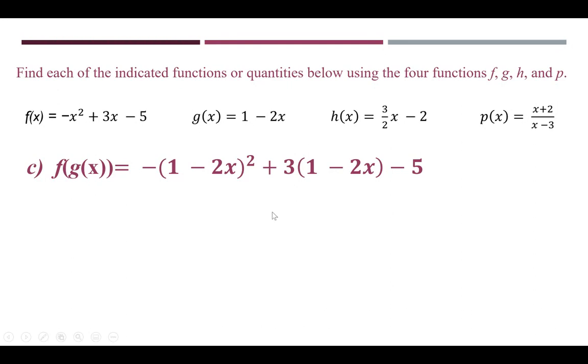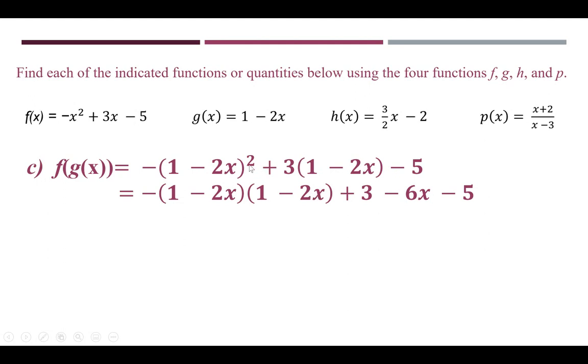Once again, our job at this point is simply to perform some algebraic manipulation to try to make this look a little bit nicer. And we certainly can. When we note the binomial 1 minus 2x is to be squared, remember that means that we're going to have to multiply it by itself.